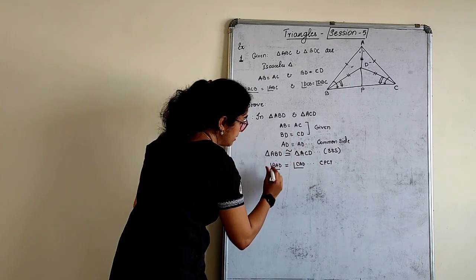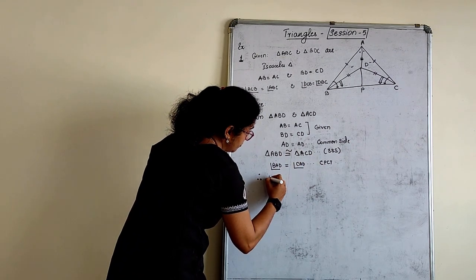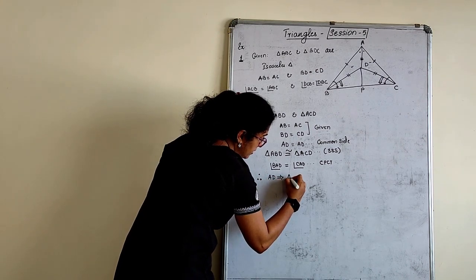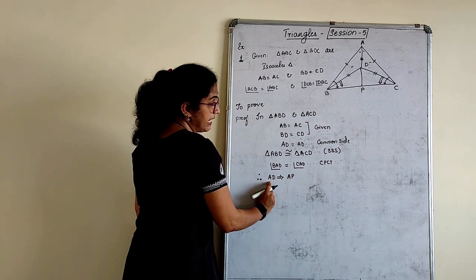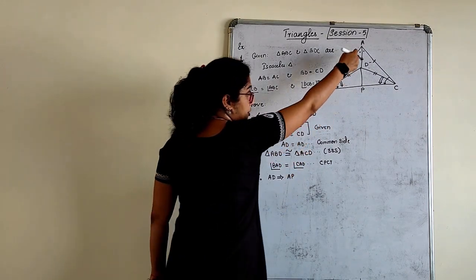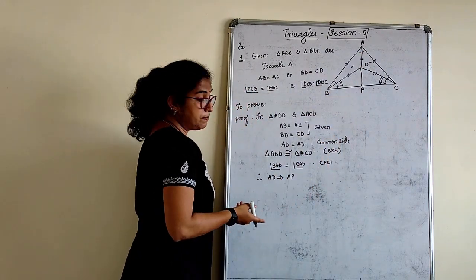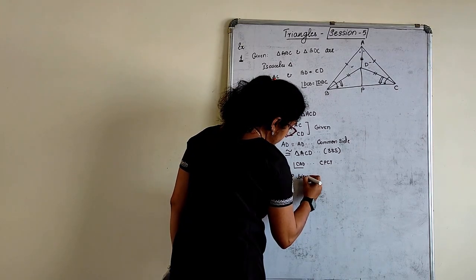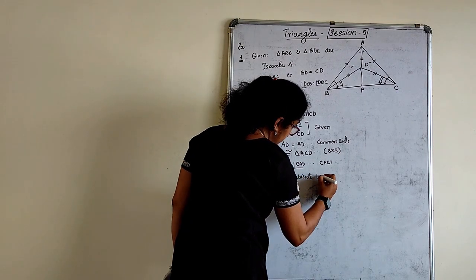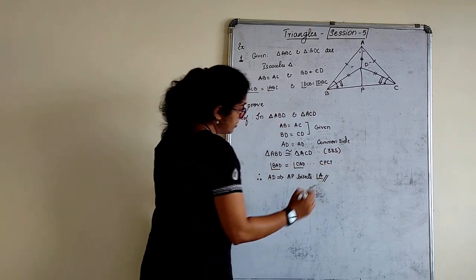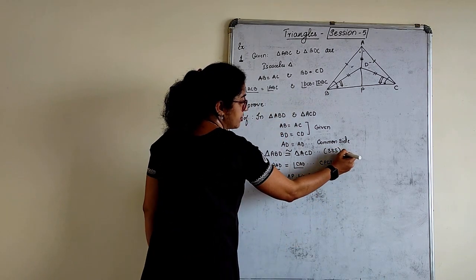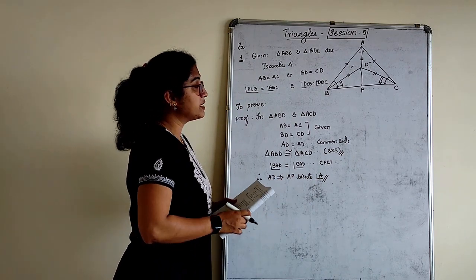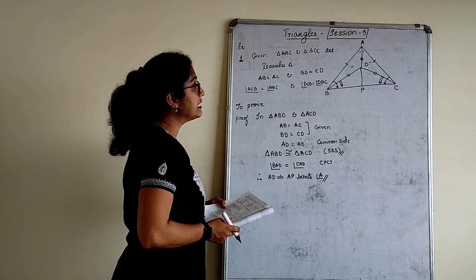So this part is already proved. Therefore AD, which is nothing but AP, because if I extend AD I get AP only, AD or AP bisects angle A. The second part is also proved. One more they have asked: AP bisects A as well as D. That we should find later.